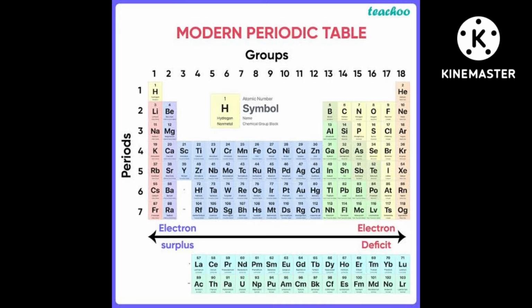Then first it will start filling: 1 electron will go in Px, the second will go in Py, the third will go in Pz. If 4 electrons are there, then again it will start filling Px. Suppose 5 is there, then the fifth will go to Py. If 6 is there, then it will go to Pz, like that. If only 3 electrons are there in the p orbital, then one each.